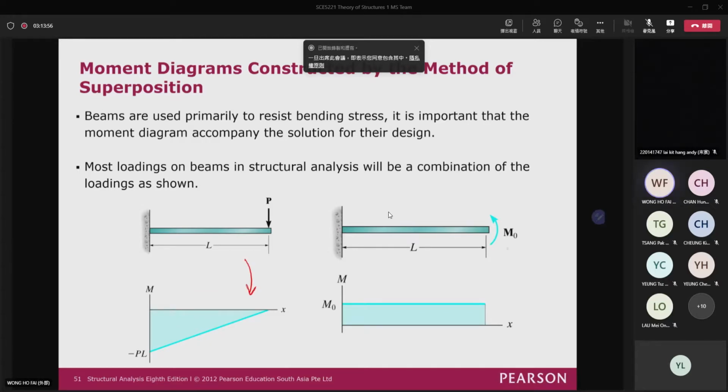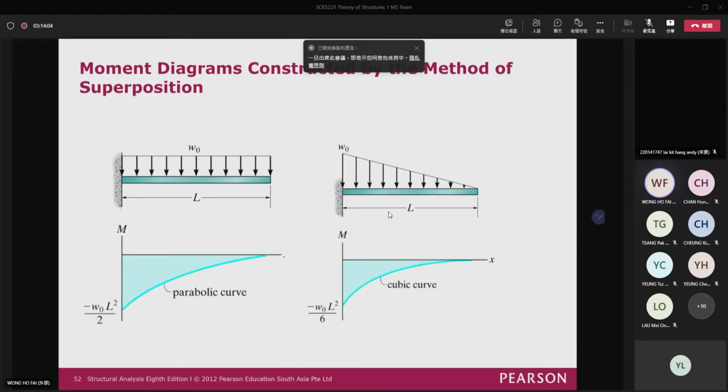And then if you have a constant moment applied on the structure, it will be a bending moment diagram like this. For a distributed load, you will get a parabolic curve like this. And then if you have a triangular load, you have a cubic curve like this. So basically for some common loading, you know how to draw the bending moment diagram.